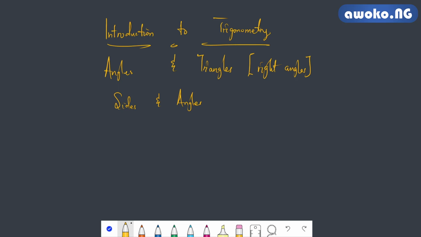Now suppose we are given a right-angled triangle ABC. Suppose we are given this right-angled triangle over here. Let's call this A, let's call this B, and let's call this C. So this is the right-angled triangle that we are given.